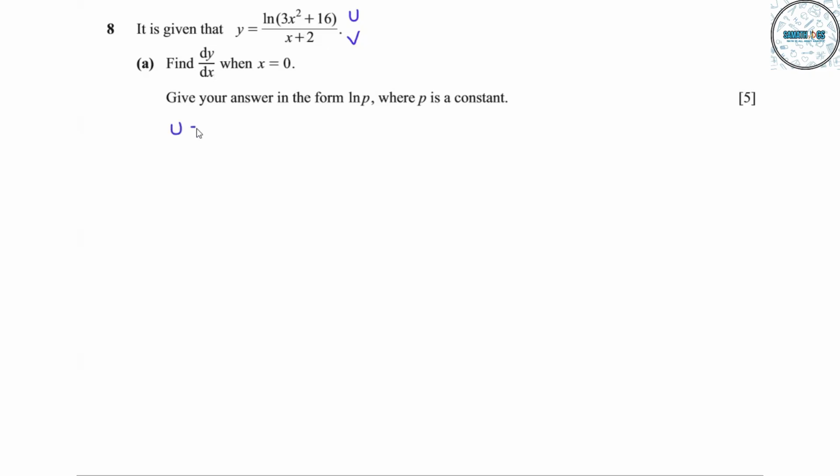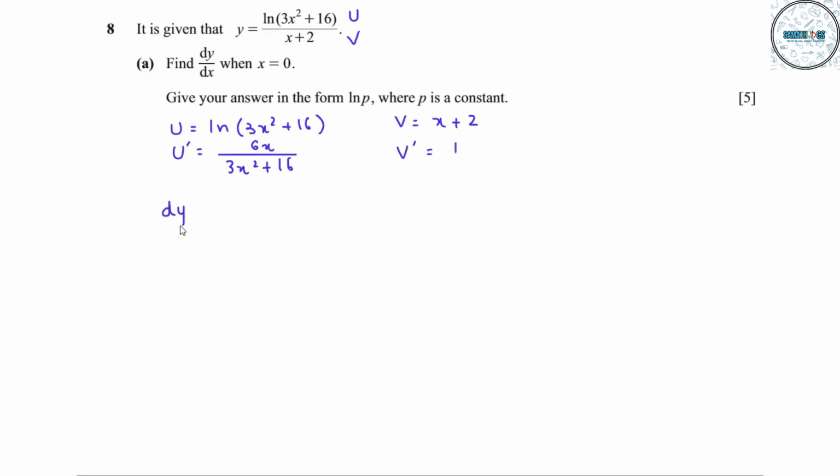So u is equal to ln (3x squared plus 16), and differential of u is 6x over 3x squared plus 16. v is equal to x plus 2, and differential of v is 1.